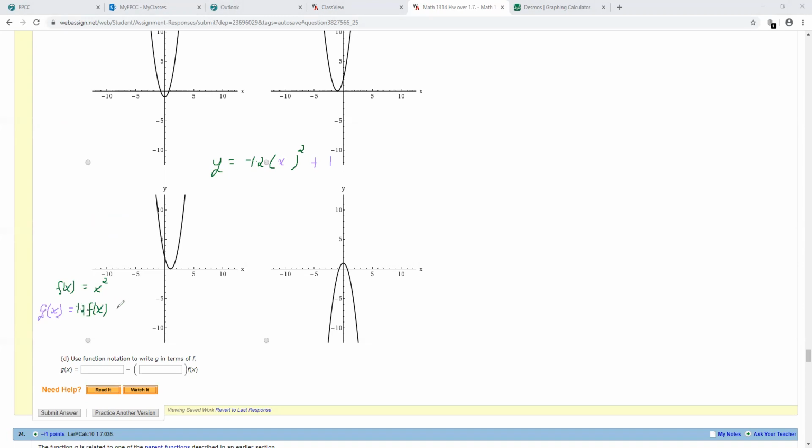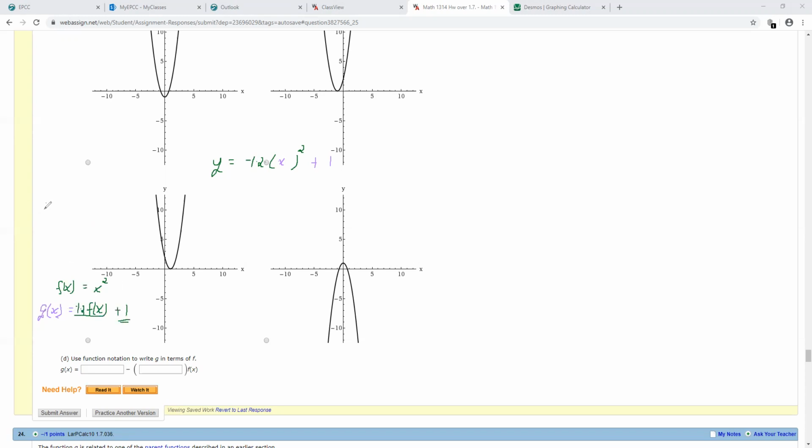And then what's the last thing we are doing? The addition of 1. The addition of 1. And that addition of 1 can be written after all of this term, or it can be written in front of this term.